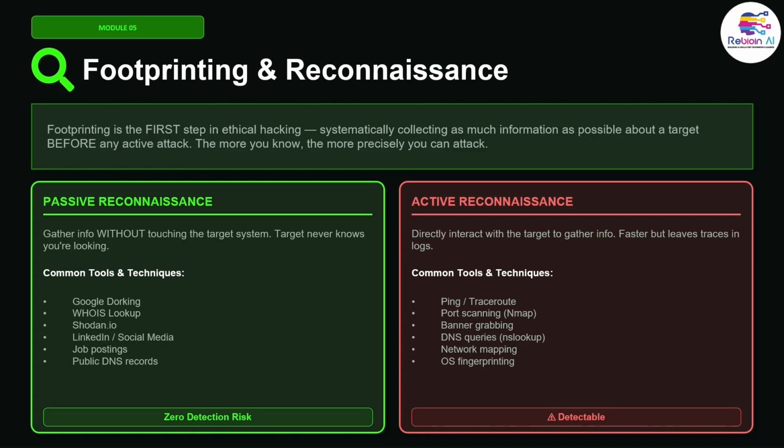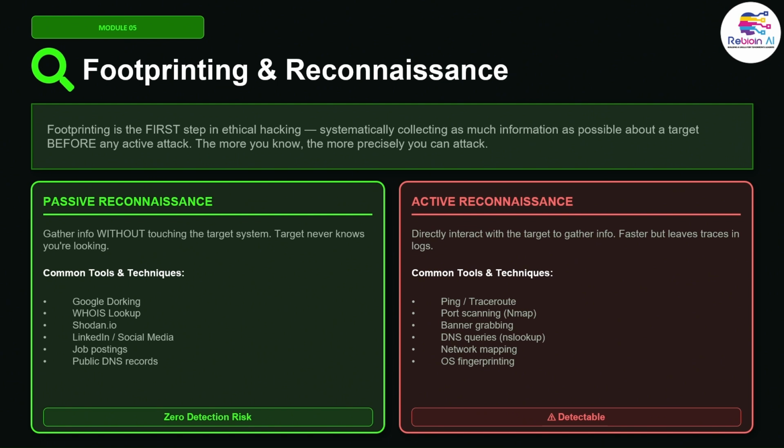Let's talk about it. There are two ways of reconnaissance. The first is passive reconnaissance and the second is active reconnaissance. Let's talk about passive reconnaissance. Passive reconnaissance means you gather information without ever directly touching the target system. Without. This is the highlighted word I would be saying: without.